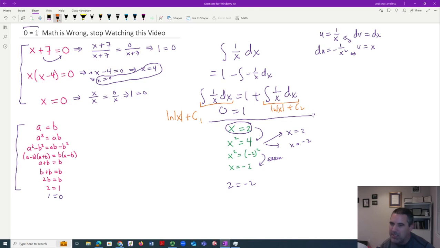And you can't assume that c1 and c2 are the same. And in this case, they aren't. Log of x plus c1 is 1 plus log of x plus c2. So the correct conclusion is that c1 is 1 plus c2 on the two sides. And if you throw in bounds, it becomes very clear what's happening.